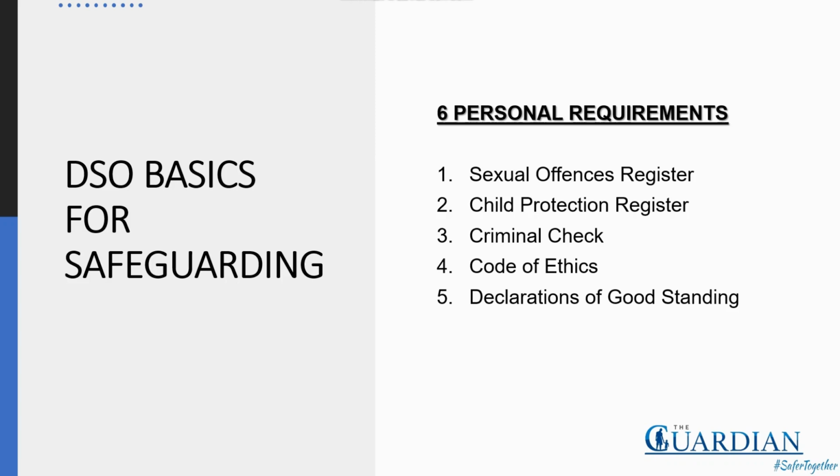Even if you may be cleared against the 3 registers, it doesn't mean that you can't place us at risk. It just means that you haven't been caught yet. Your Declaration of Good Standing will cover that, and again, that document was also explained in previous slides. So these are just 2 documents that you need to sign, quick and simple.